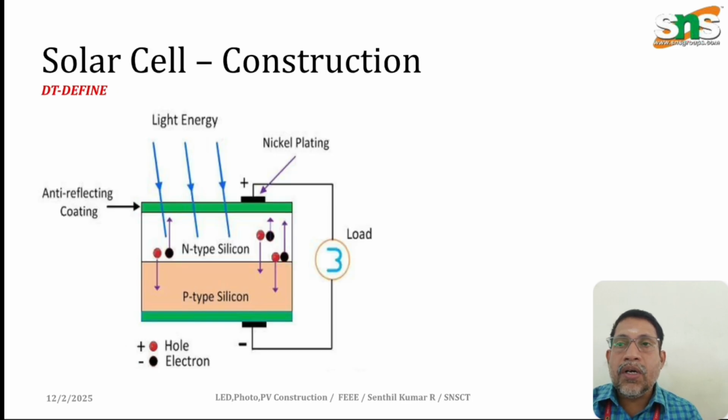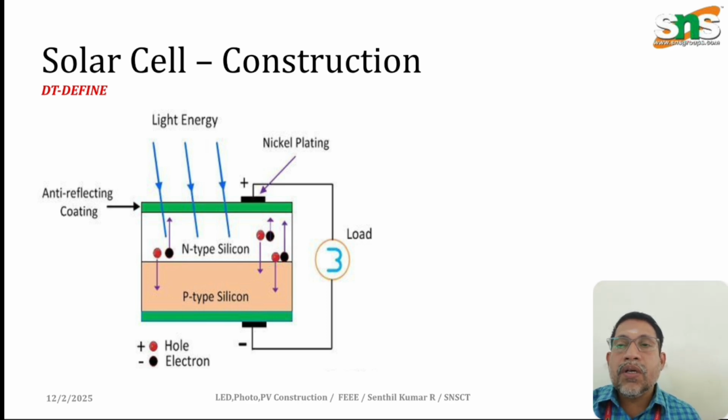And the third one is the PV cell, which is also called a solar cell. Here the anti-reflecting coating is placed on both the top and the bottom layer, which is mentioned here in green color. Again, similar to our PN junction diode, there are two layers: one is p-type silicon, represented here in orange, and another one is n-type silicon, represented in white color.